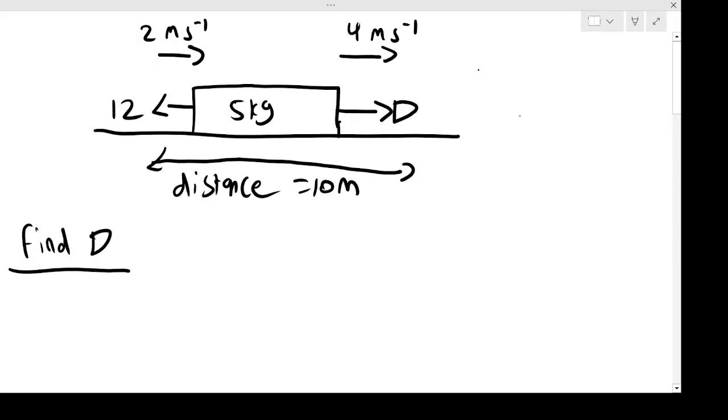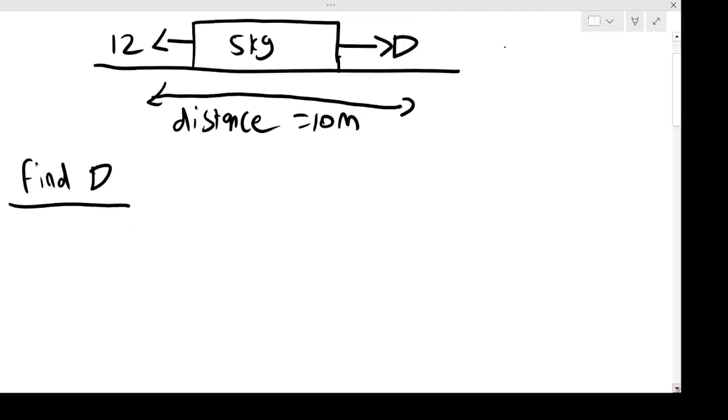In addition, the mass is 5 here. There's also a driving force, which is the force forward, and then a friction force that is backward. Also, the distance travelled is 10 meters, and I want to find the driving force D. That's the situation here, and we're going to use the work energy principle.